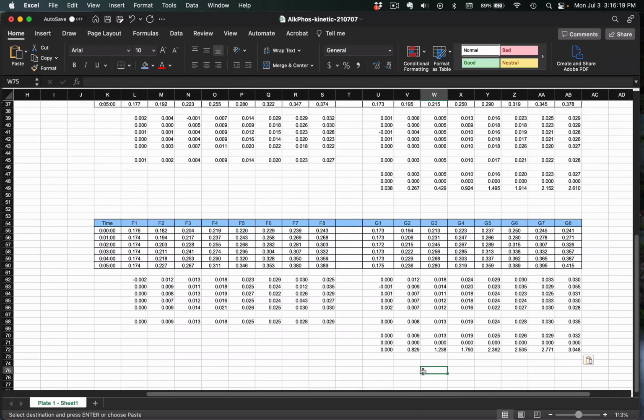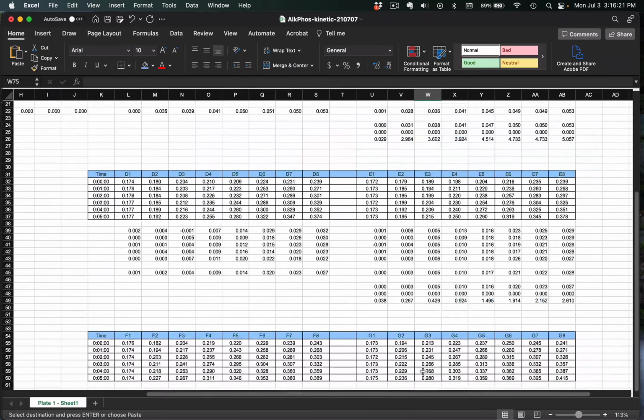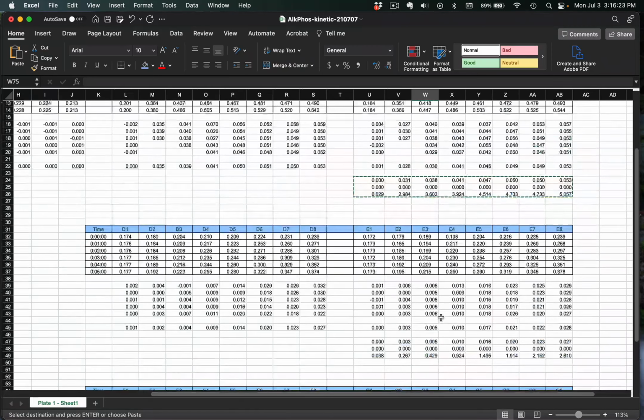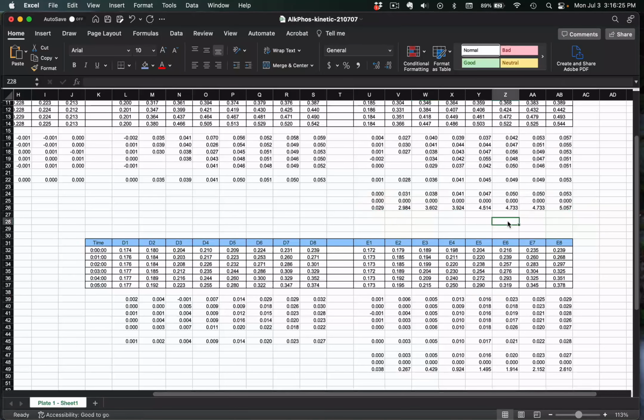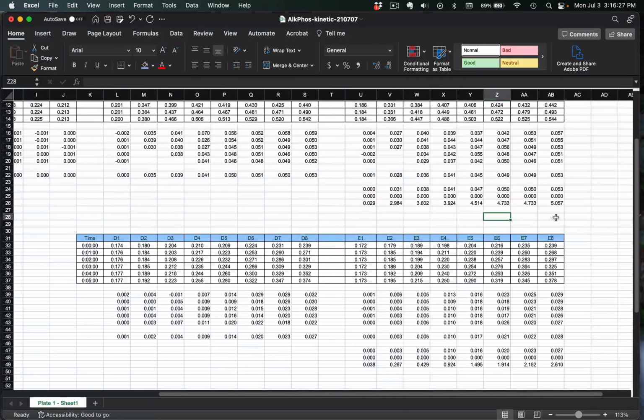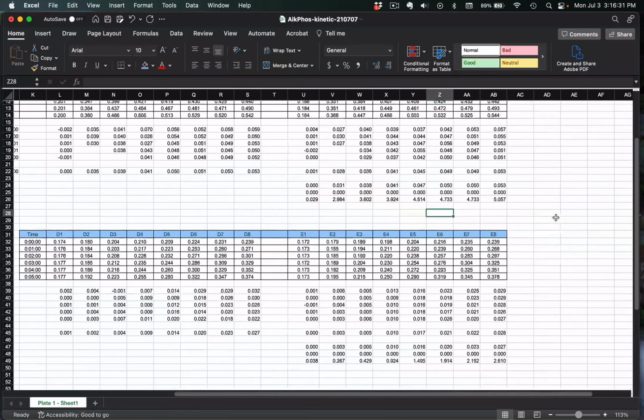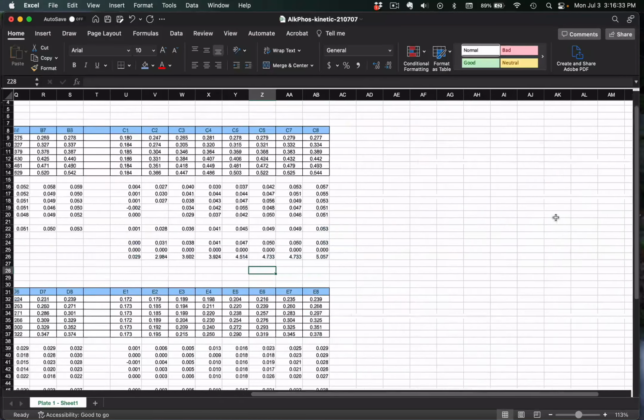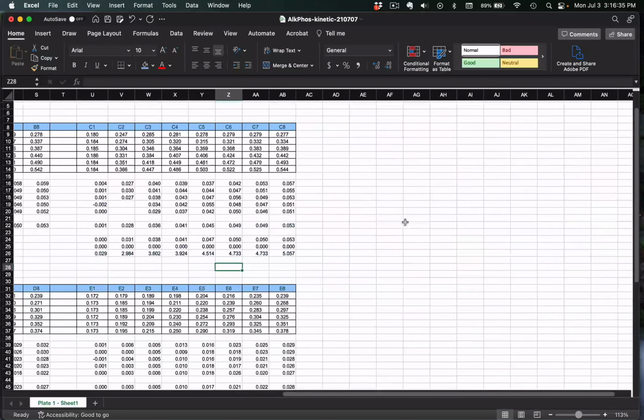So we've got essentially a velocity there, which is what we want. And now we just need to make a table for substrate and velocities.